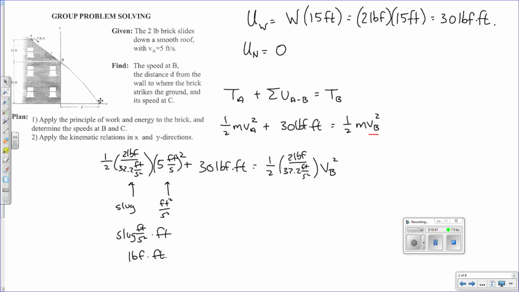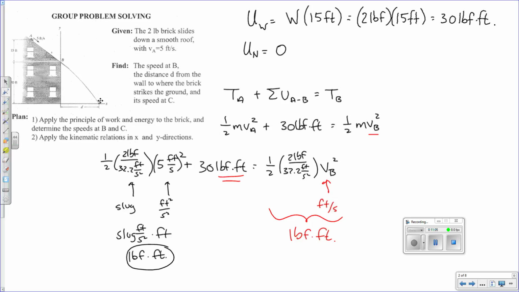We can always do this dimensional analysis. Pound force feet is the same unit that we have for our second term, pound force feet. And all things being equal, if VB is expressed in feet per second, this last term will also be in pound force feet. So a quick dimensional analysis shows us that we are adding apples and apples together.